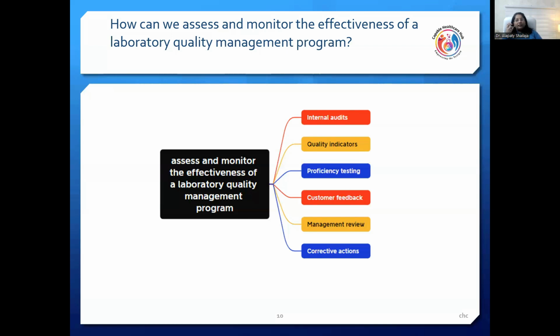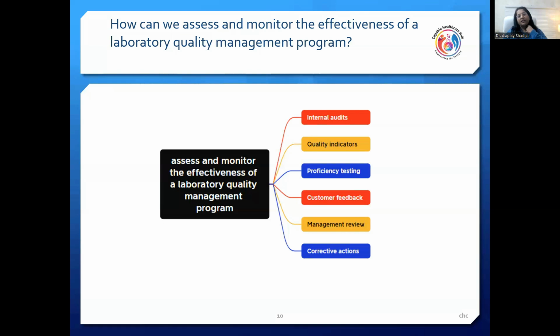And thirdly, the audit should be focused on identifying areas for improvement. They should also identify areas of non-compliance to what the standards say. All the processes, procedures, protocols, are they being maintained?